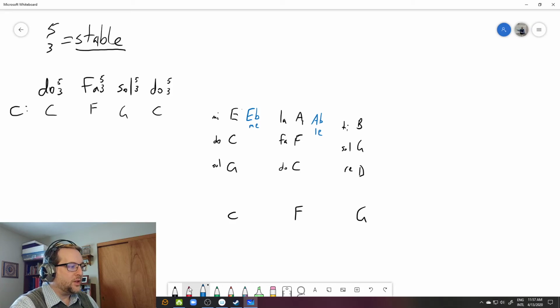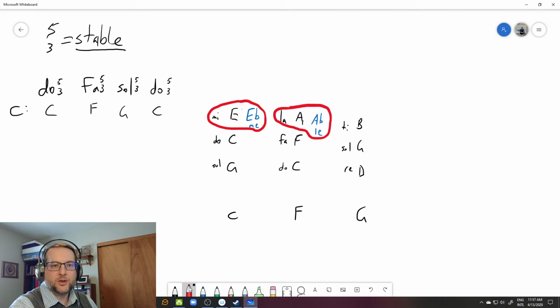Notice that this creates a little bit of a dissonant clash between the overtone, which says it should be an E, and the chord I'm actually using in minor, which is the E flat. The overtone above F says it should be an A. Instead I'm getting a half step away, A flat. That creates a little bit of a dissonance.